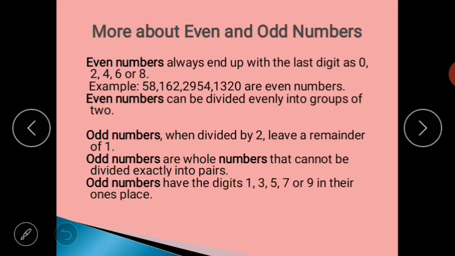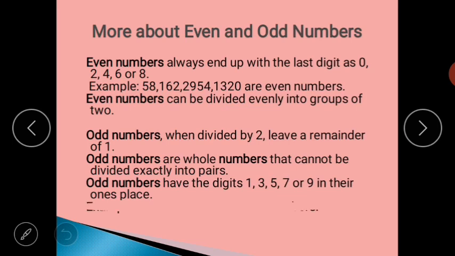Something more about odd numbers and how we can identify them. In odd numbers, the last place digit is either 1 or 3 or 5 or 7 or 9. This means if we check the last place digit, then we can identify them.